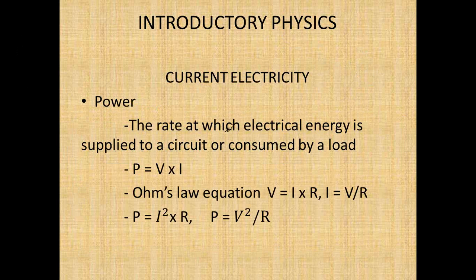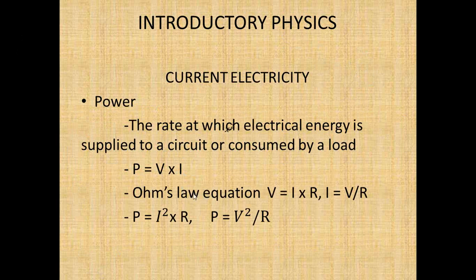So that electric energy is going to transform into heat, light energy, etc. Okay? But the energy that is transformed per unit time is called the power. So energy per unit time is called the power. And we showed before that power is equal to the voltage times the current. We derived this equation early on, okay?